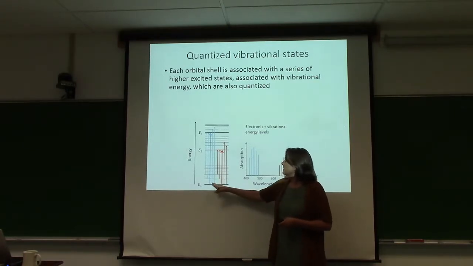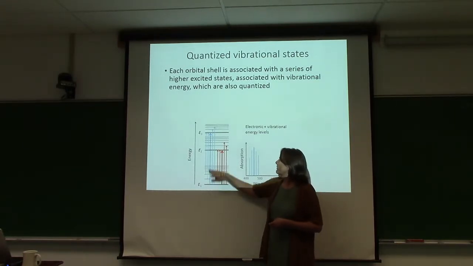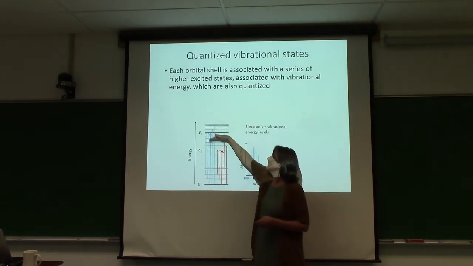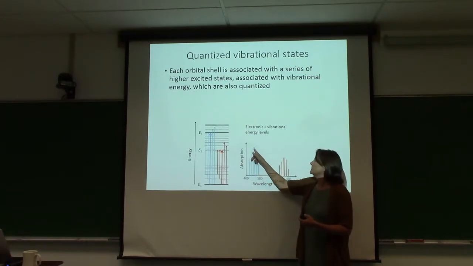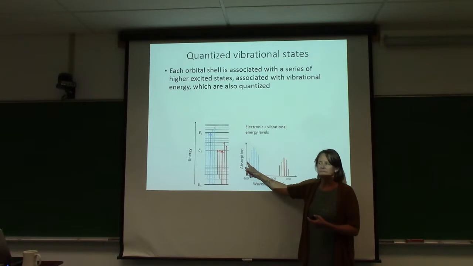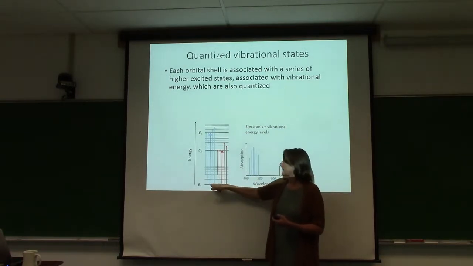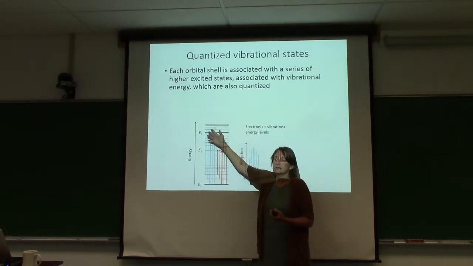So the likelihood that you go from any one of the vibrational levels in the ground state to this range of vibrational levels in the second excited state, the probability that that's likely to occur is what gives rise to which is the peak and which is a little bit lower absorption. Okay. The greatest probability is occurring between the ground state here and the ground state here in this example.